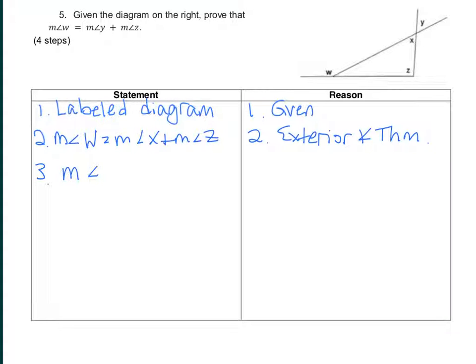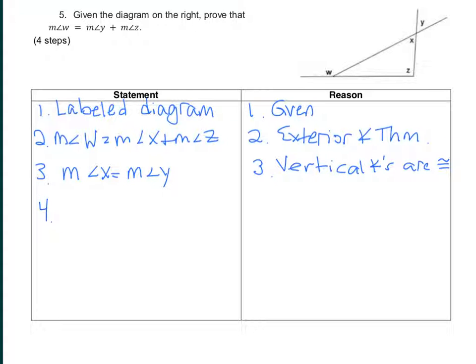That the measure of angle X equals the measure of angle Y. Remember, don't just say vertical angles, because that's not telling us very much. You need to tell me vertical angles are congruent. So now, since X is the same as Y, here's the X, we just do a little substitution there.